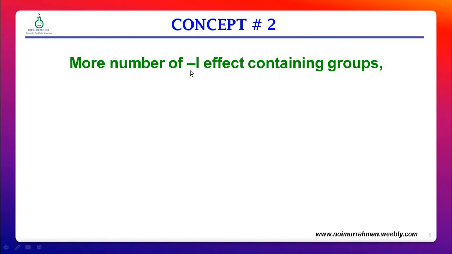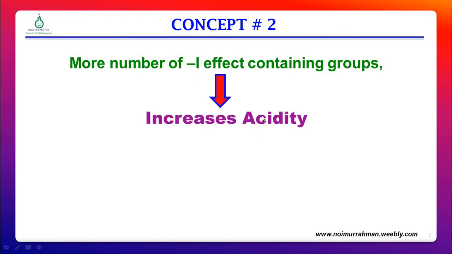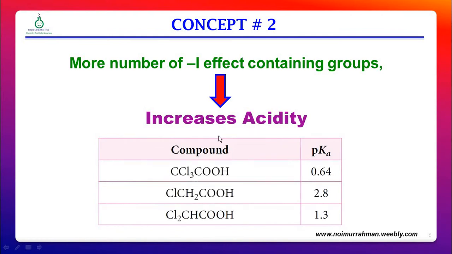Number of -I exerting groups is directly proportional to acidity. It means if in a molecule the number of -I exerting groups is more, it will show more acidity. It's clear from the table that in case of trichloroacetic acid, pKa value is 0.64 and in case of monochloroacetic acid, pKa value is 2.8.